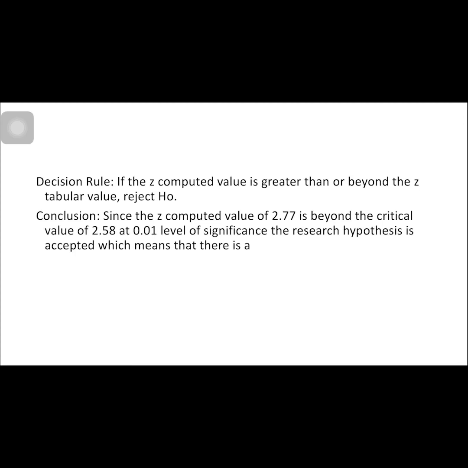Since our z computed value of 2.77 is beyond the critical value of 2.58 at 0.01 level of significance, the research hypothesis is accepted, which means that there is a significant difference between the test scores of the incoming freshmen in the colleges of nursing and veterinary medicine.